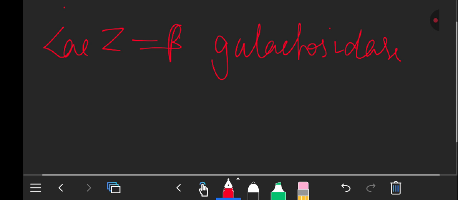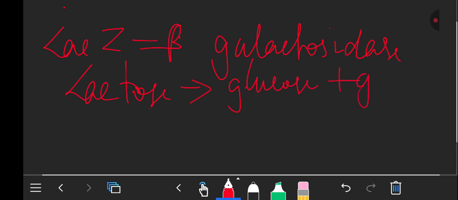Now, what's the function of this beta galactosidase? This beta galactosidase is involved in the breakdown of lactose to form glucose and also galactose.